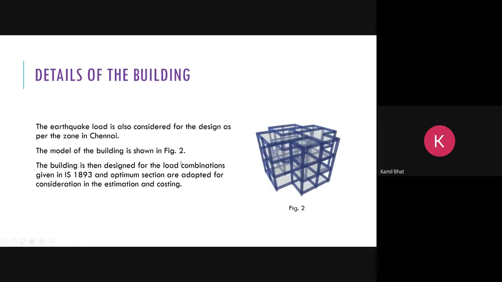After this we designed and optimized this building. There were three models for it. One was the reinforced concrete model. Second is the steel model. Third is the steel with bracing model. We designed and optimized these models.